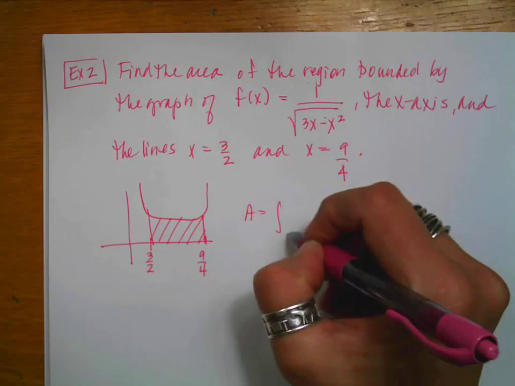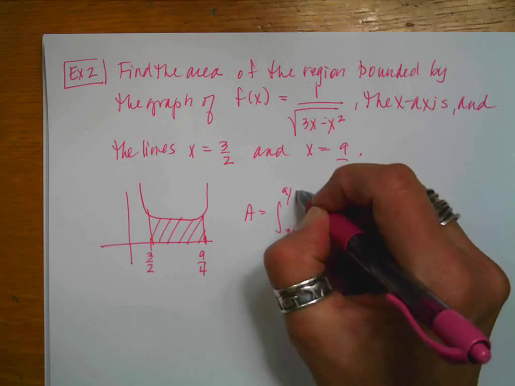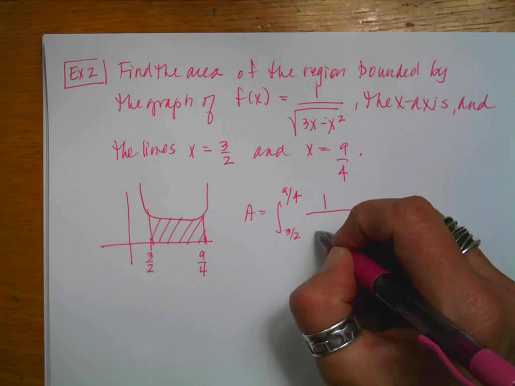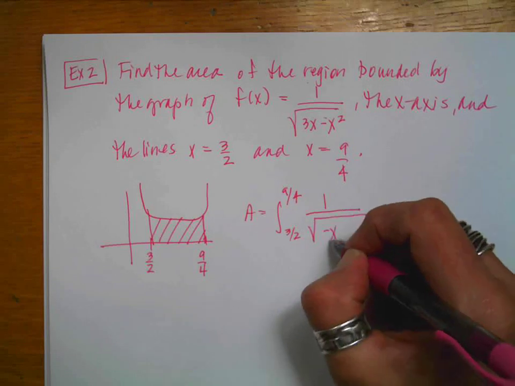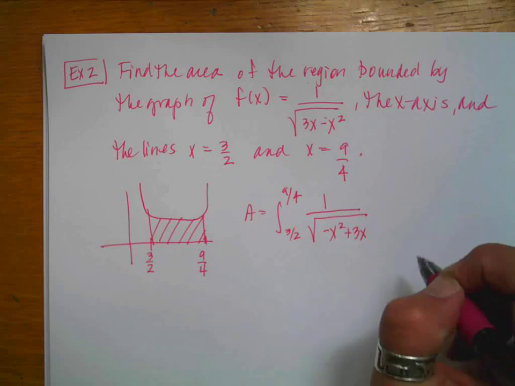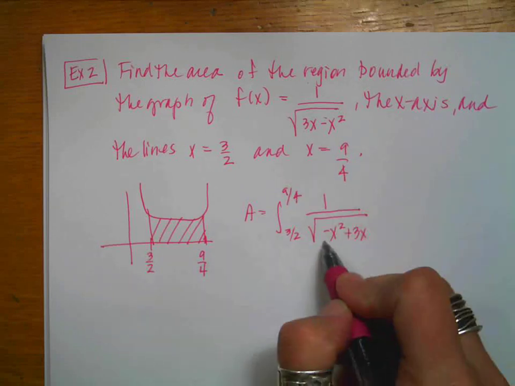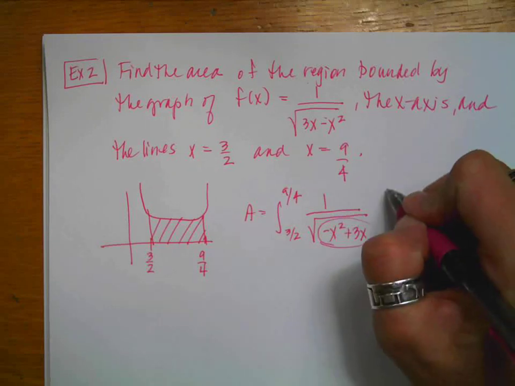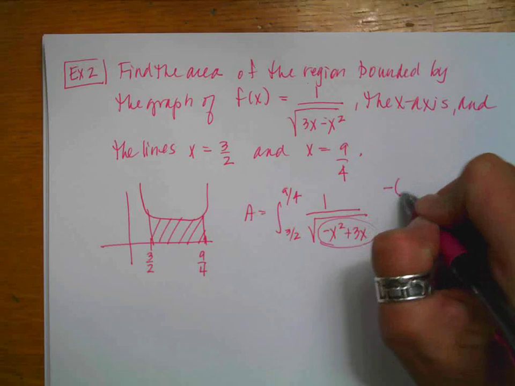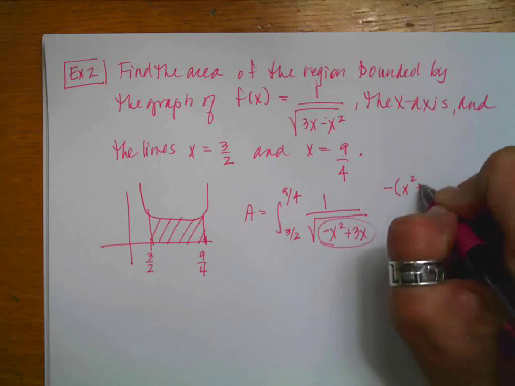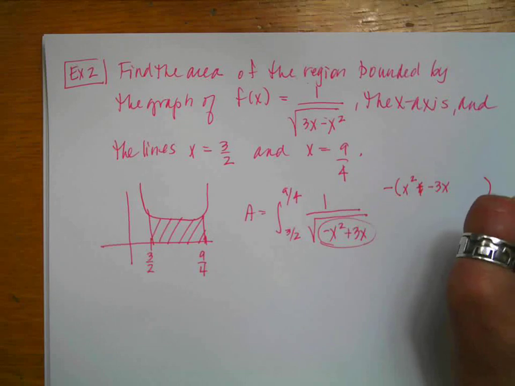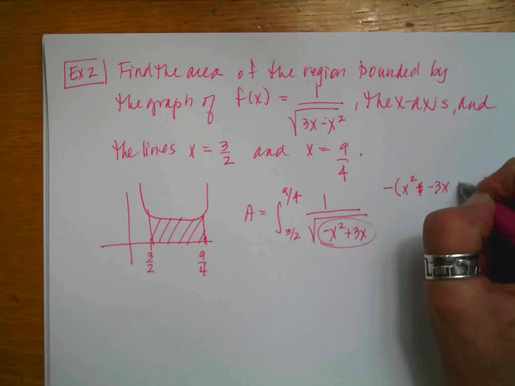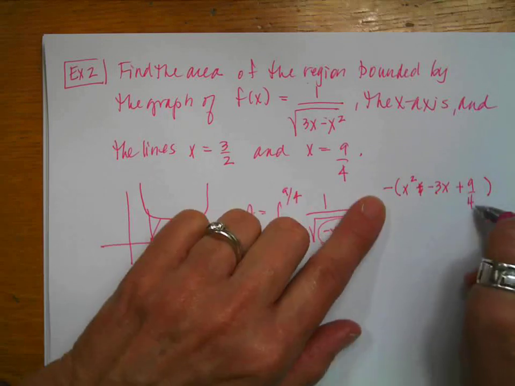So my area is going to equal the integral from 3/2 to 9/4 of 1 over the square root of negative x squared plus 3x. I'm going to take this piece out and do completing the square on it right here. If I have a negative, x squared minus 3x, leave some space. Half of 3 is 3/2, squared is 9/4.